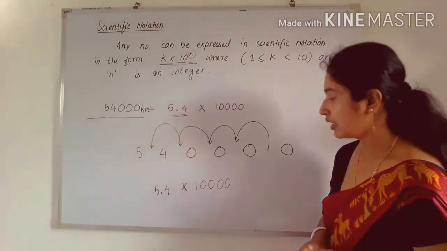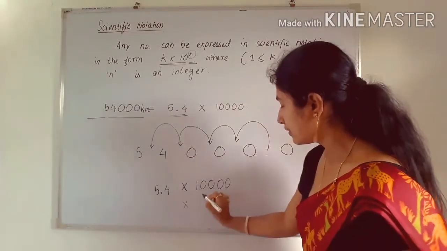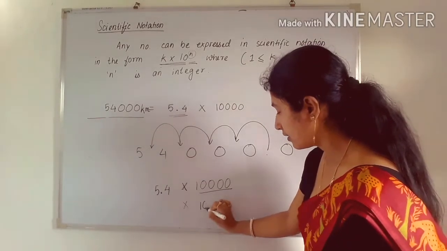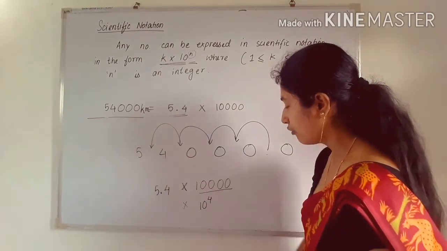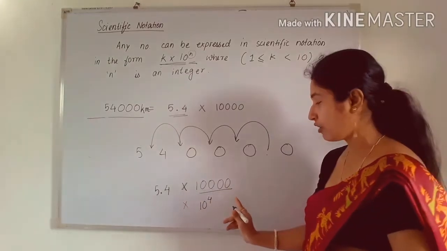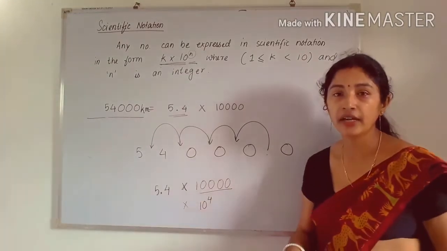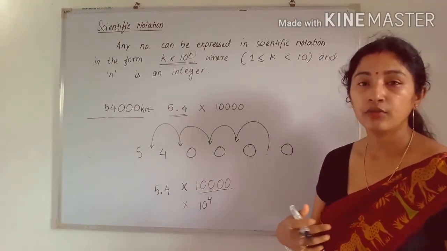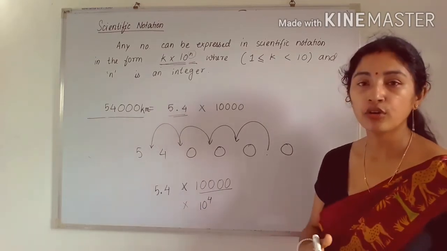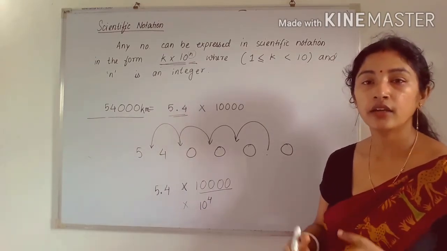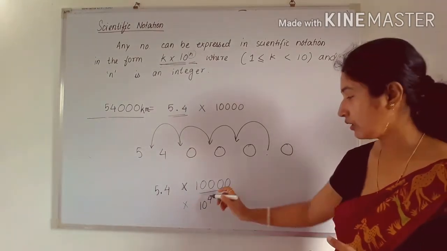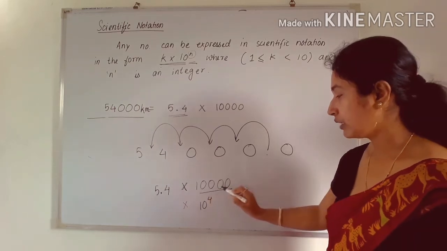This number we can express as 10 to the power 4. If we expand 10 to the power 4, we can write 10 into 10 into 10 into 10. That means we will get finally 10,000.